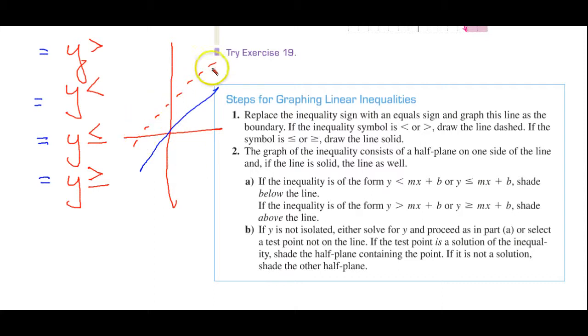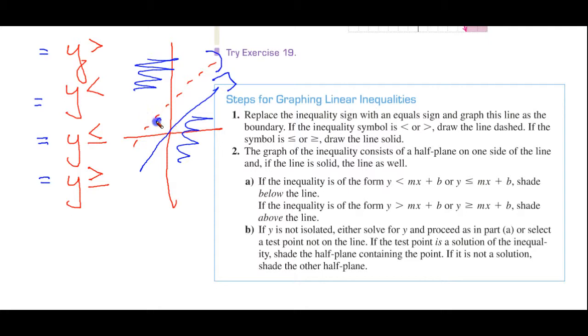While if we use a dotted line, those points along the dotted line are not included. This is sort of the old parenthesis, and this is sort of the bracket that we were using in earlier lessons. And then to determine where you shade, if you have a positive y, if it's greater than, you're going to shade above. If it's less than, you're going to shade below the line.